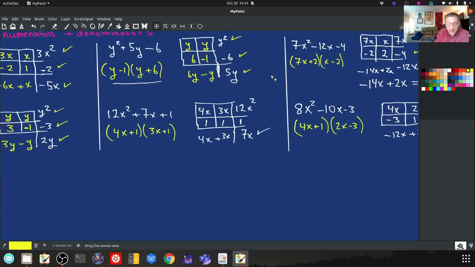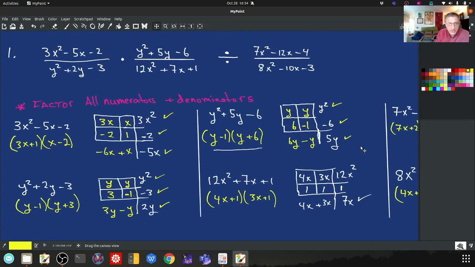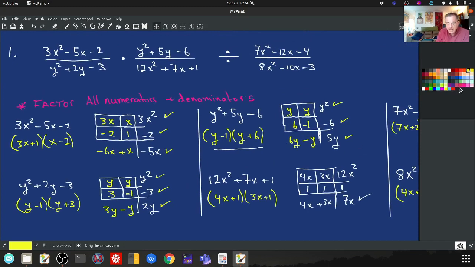So I've got all of my factorizations here. So now what I actually ask you to do, although I may not do it exactly in the same words, is to rewrite my original problem using the factorizations. Now I have those written out, and I'm just going to look down on my paper and write them down.